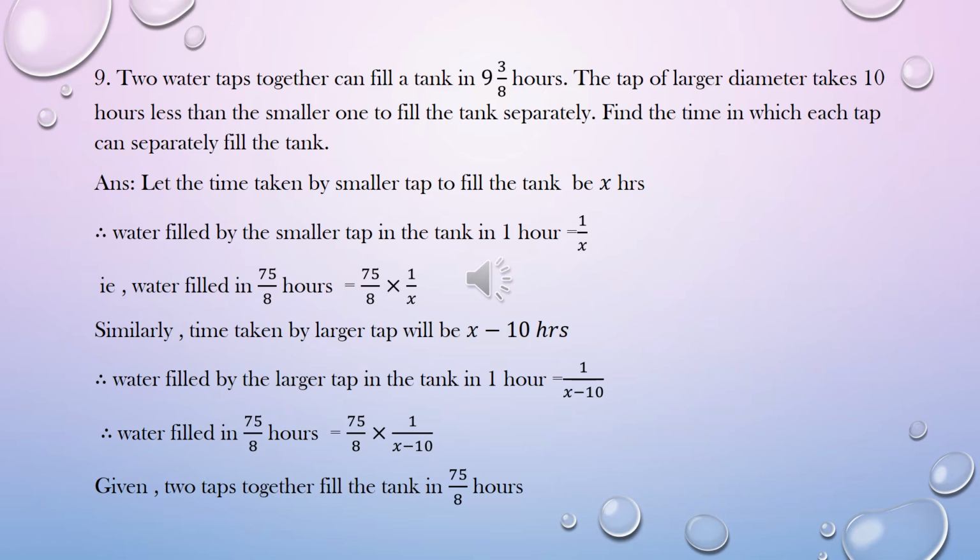So, water filled in the tank in 75 by 8 hours is equal to 75 by 8 into 1 by x minus 10. So, to frame the equation, we can say 2 taps together fill the tank in 75 by 8 hours. That means 75 by 8 into 1 by x plus 75 by 8 into 1 by x minus 10 is equal to 1.